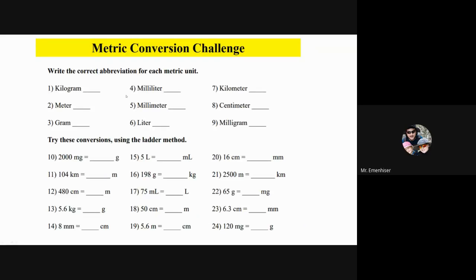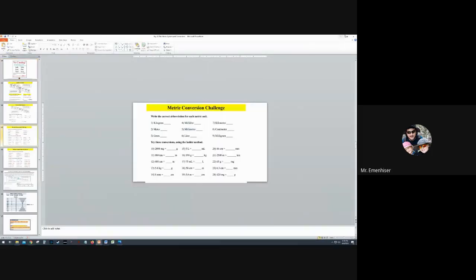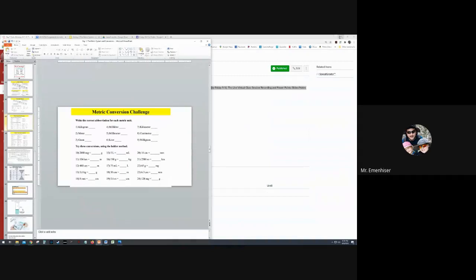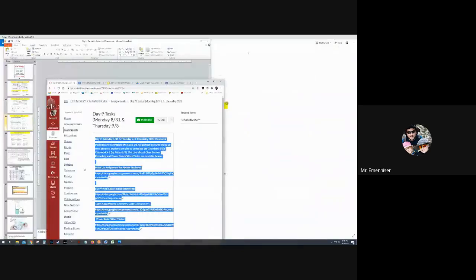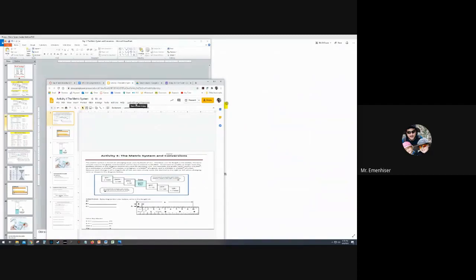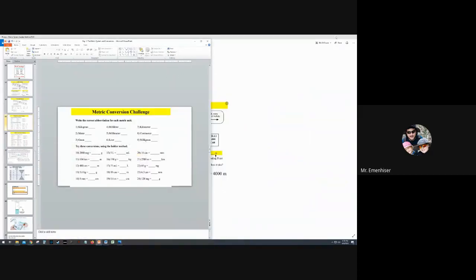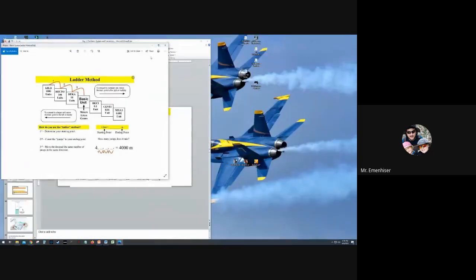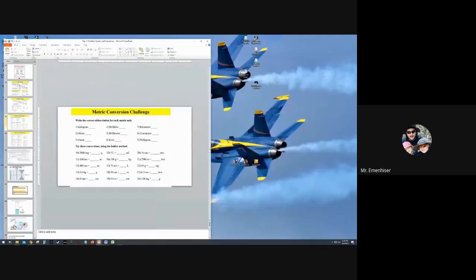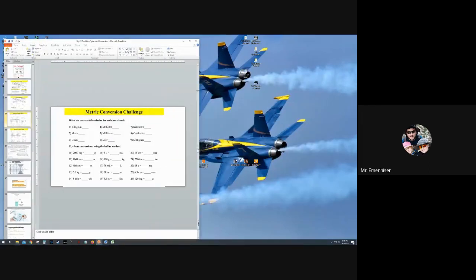Okay, let's do some abbreviations. So kilogram. Maybe what I could do is open this up halfway and then put this here. Let's see if I can figure this out. Because what I want to do is look at the abbreviations while we do it.